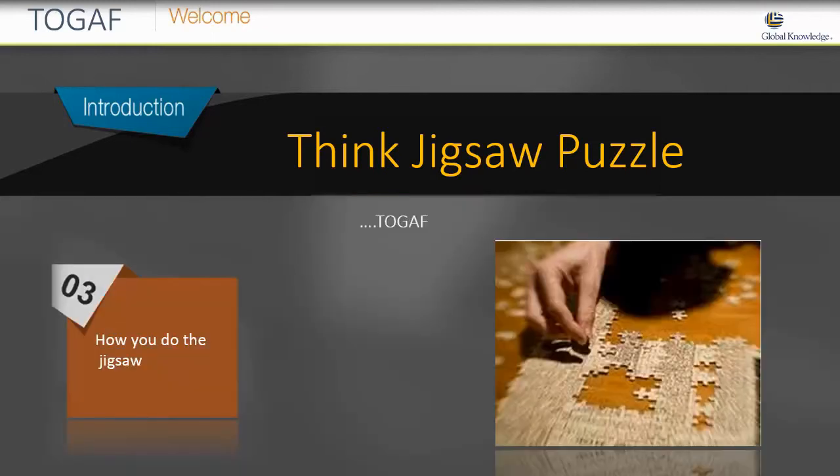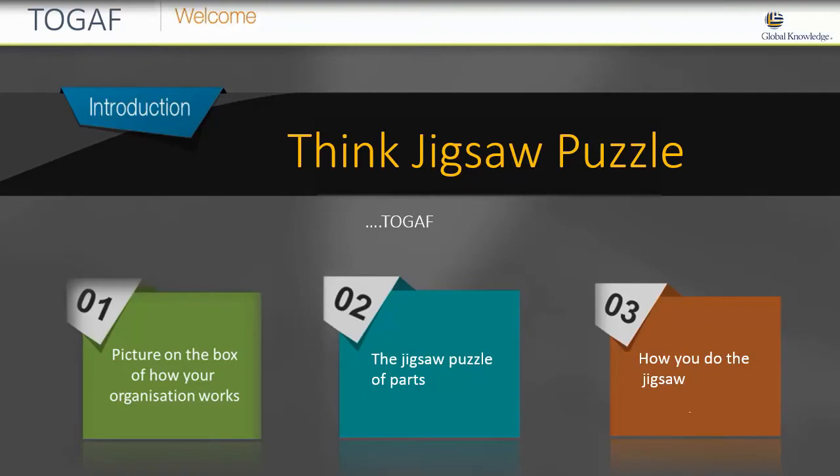And finally, TOGAF is, as I see it, a method for doing the jigsaw, like starting with the corners and all of the straight edges. So just to recap, your operating model is the picture, the enterprise architecture is the pieces of the jigsaw, and TOGAF is how you put the jigsaw together.